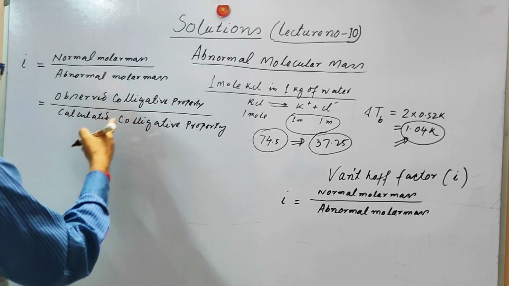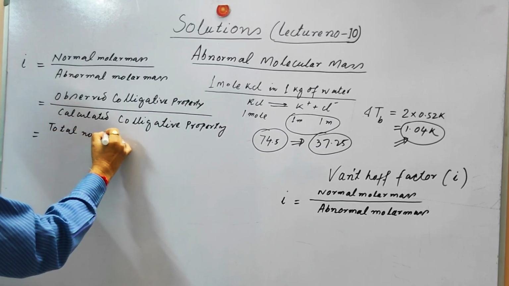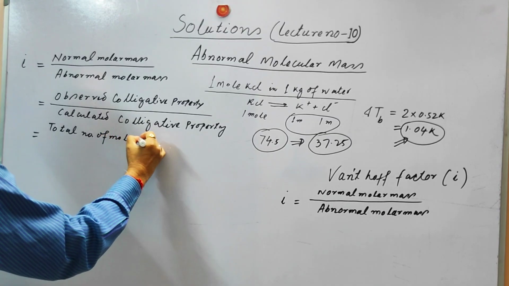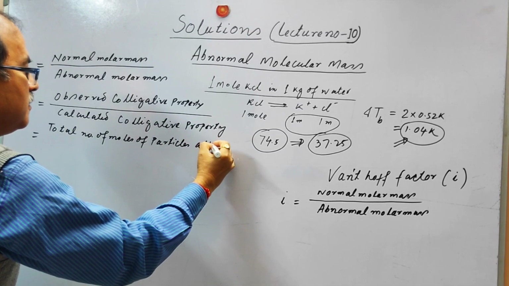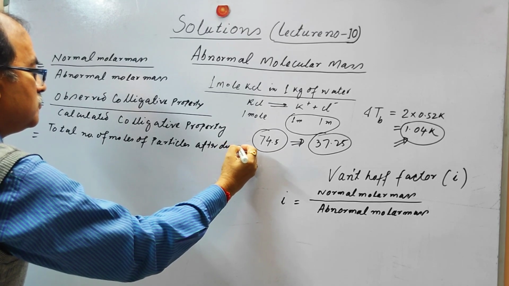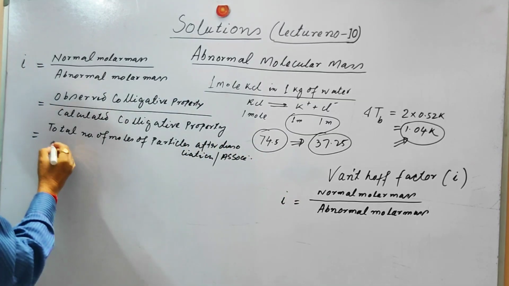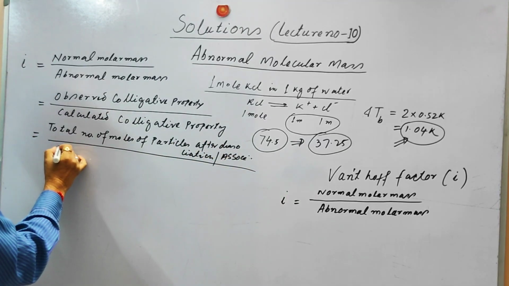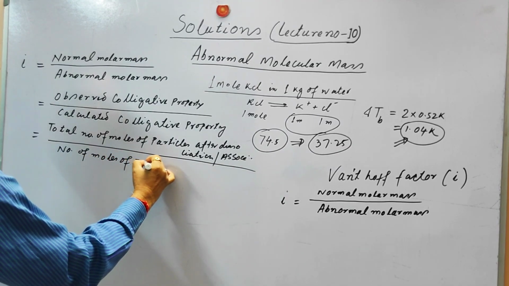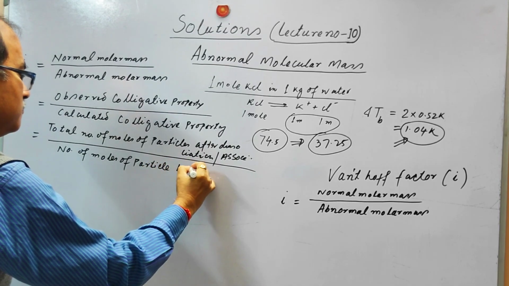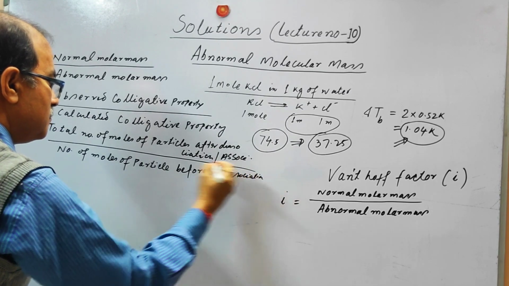So due to this inverse relation, you can further write i as the total number of moles of particles after dissociation or association divided by the number of moles of particles before dissociation or association.